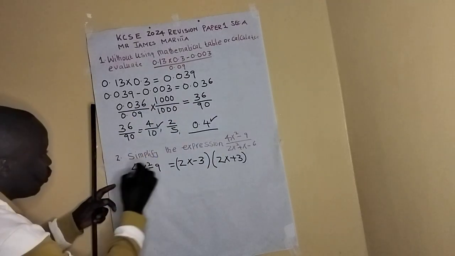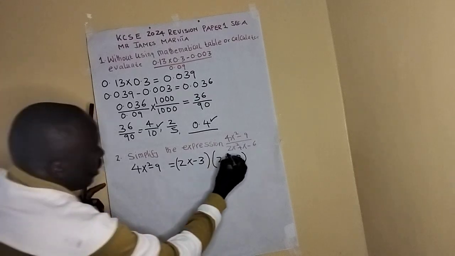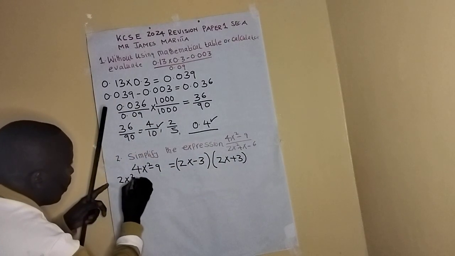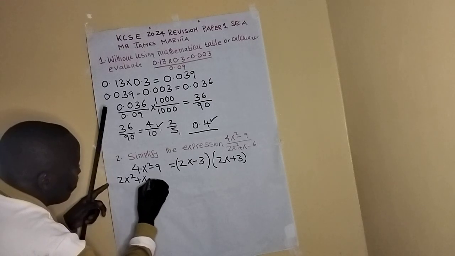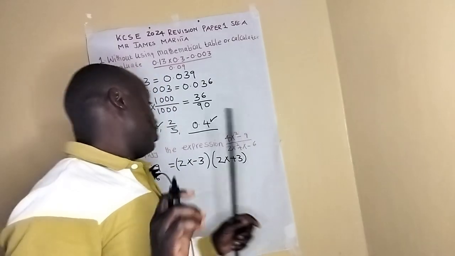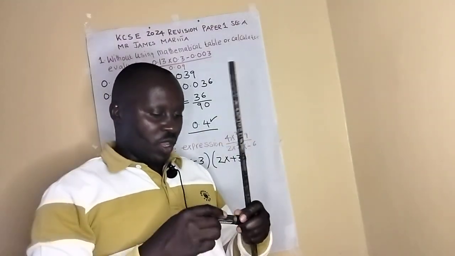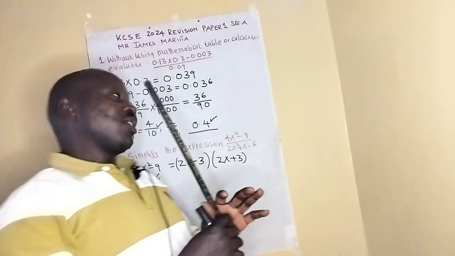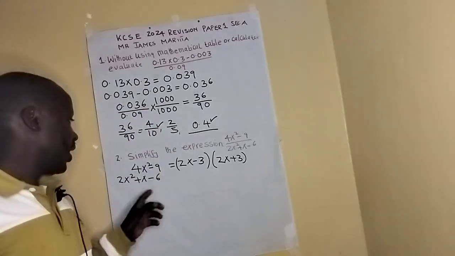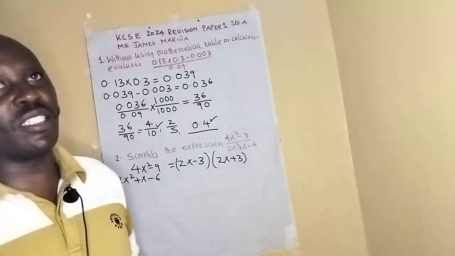Then we have 2x squared plus x minus 6. There are 3 methods which could be used to simplify this one. Use a quadratic formula, but we cannot use a quadratic formula here, because if you use it, it means you are finding the value of x.